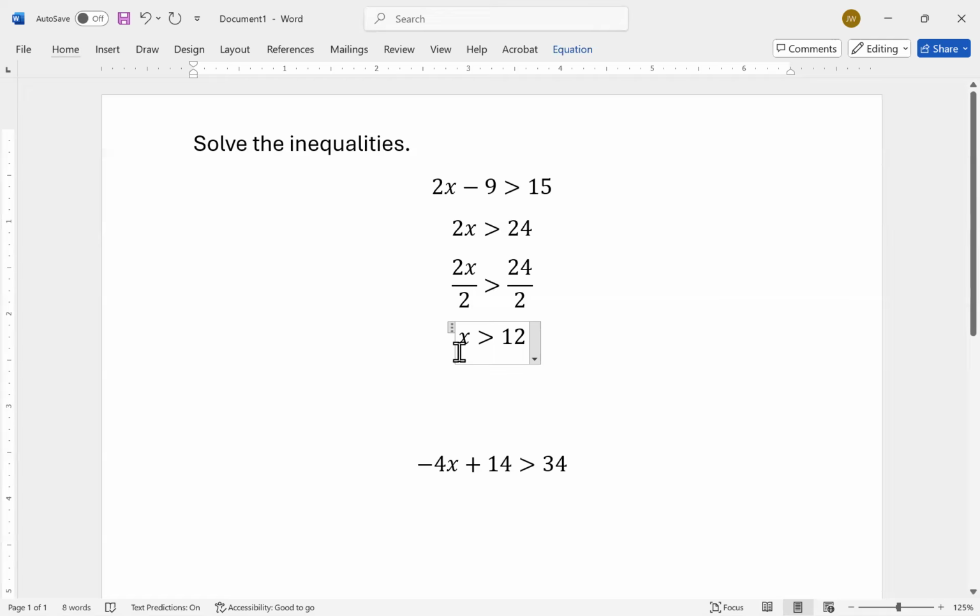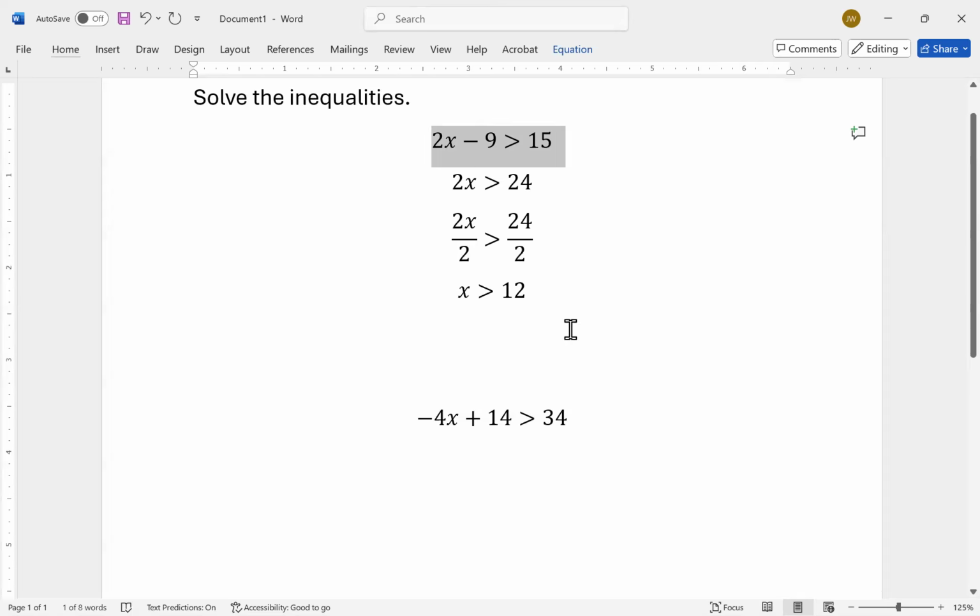And that means any number that's bigger than 12 will make this statement true when I plug it in for x. So if I plugged in a 13 or a 473 or any other number bigger than 12, in fact, something like 12.01, would all make that inequality true.